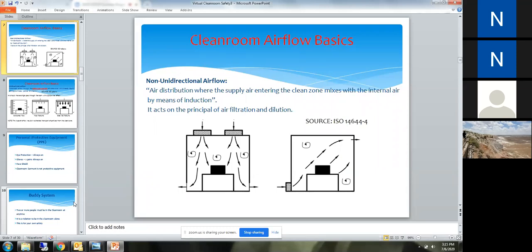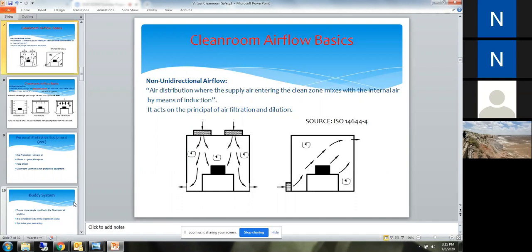As you can see with the non-unidirectional flow, you have circles around here. That generally means the air is not moving down, because the idea is for the air to move down and then recirculate, come back, get clean some more, and keep the process going.